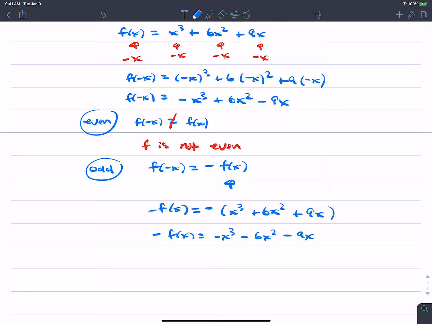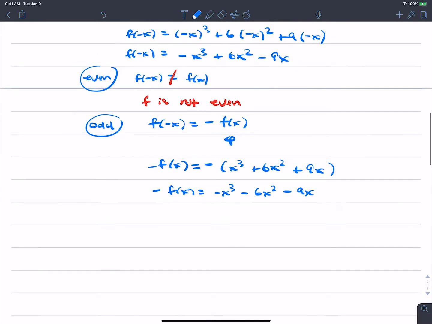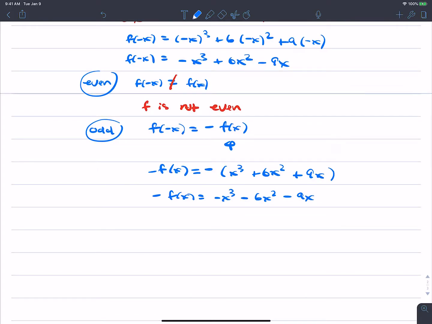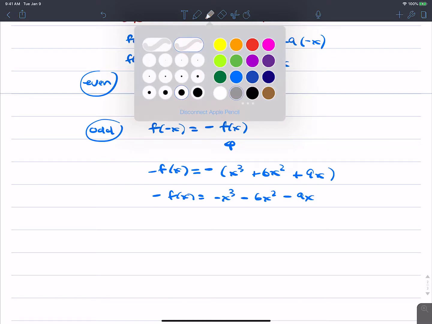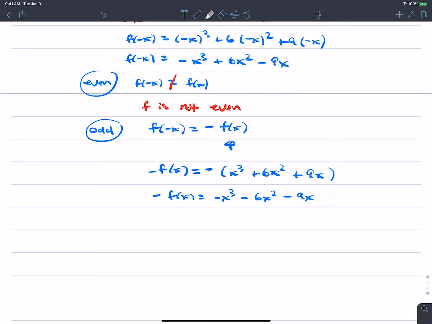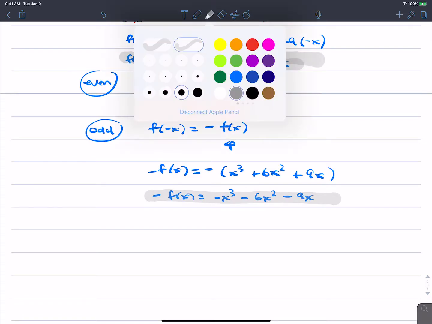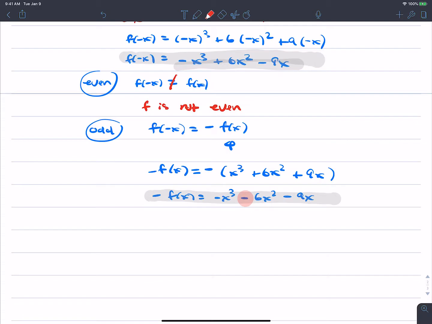Is that right? So far, so good? Okay. So go back here. We have to check f of minus x is what you guys see up here. Is that the same as minus f of x? No, they're not the same. Where's the difference? Right here. This plus and this minus, right? Everything else is exactly the same, but those two signs.